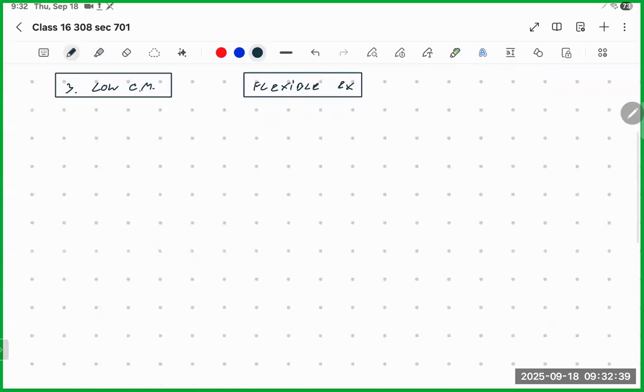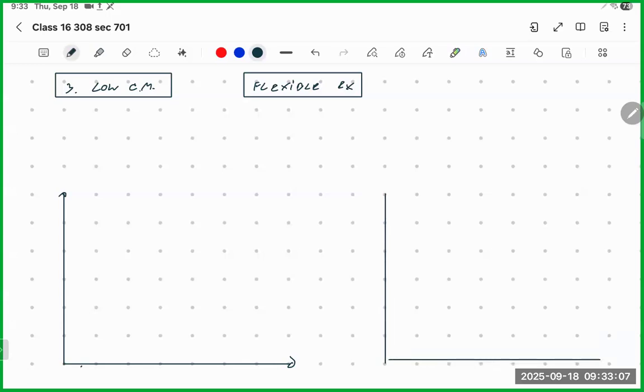We're going to draw two graphs, focusing on the IS-LM and BP model and the currency market. I have one graph on the left and the other graph on the right. On the left graph, the horizontal axis is Y and the vertical axis is R, the real interest rate.